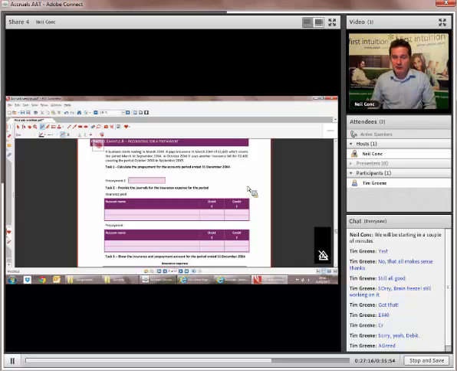Let's have a look at some prepayments then, or a prepayment. The business started trading in March 2004. Slightly more complicated, but it's a December year end, so it's not a 12-month period. Started in March 2004, our year end is December 2004. It's a 9-month period, but that's irrelevant.